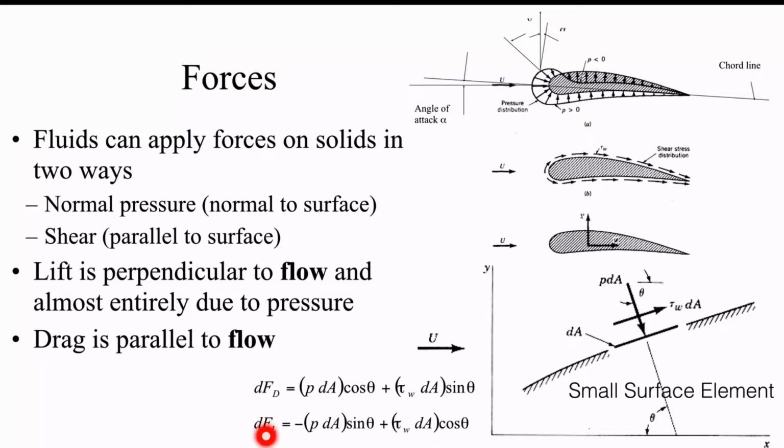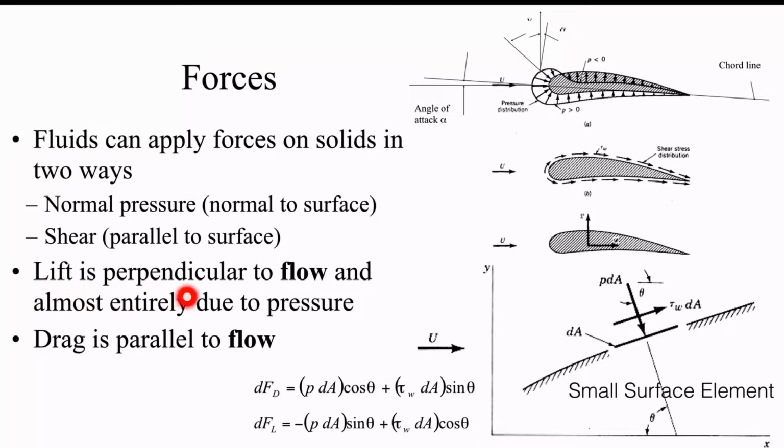And we can get the lift as the pressure force on the area in the direction perpendicular to the flow. That's where we wind up with this sine theta angle. And the shear stress on the area in the direction perpendicular to the flow. That's where we get cos theta coming in.